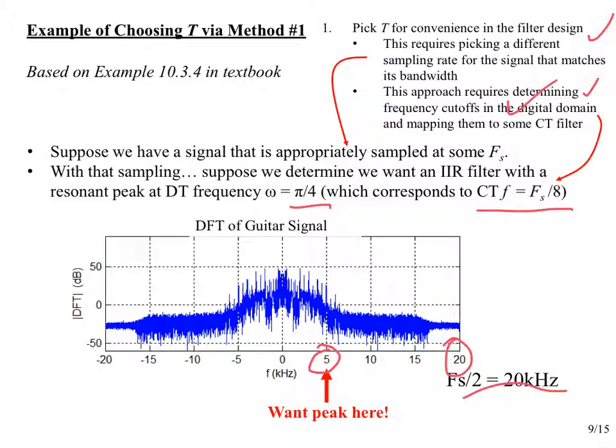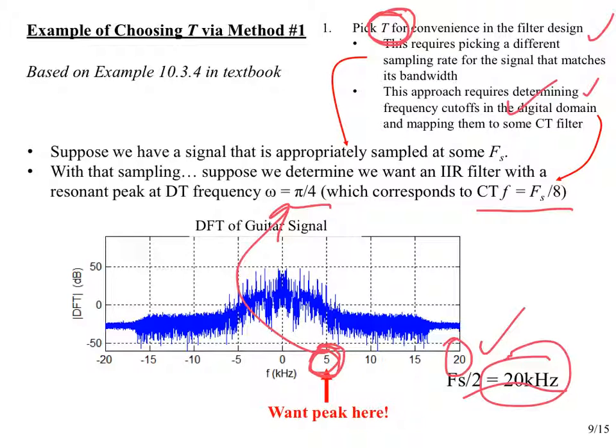So I would really say I want to peak here at 5 kilohertz. Where does that live with this sampling rate, which I've picked for my signal? Now remember, I've not committed to T for my filter design yet, so it's important to keep in mind that this Fs is not going to be related to this capital T for my filter design.